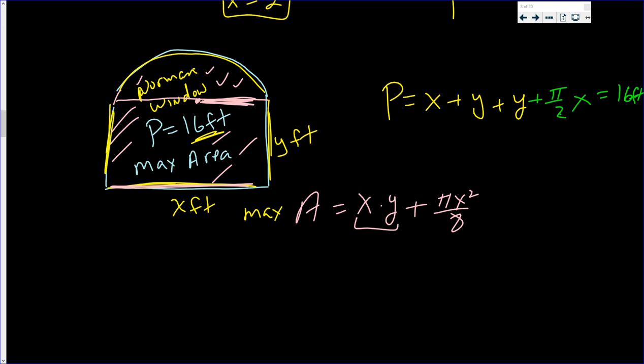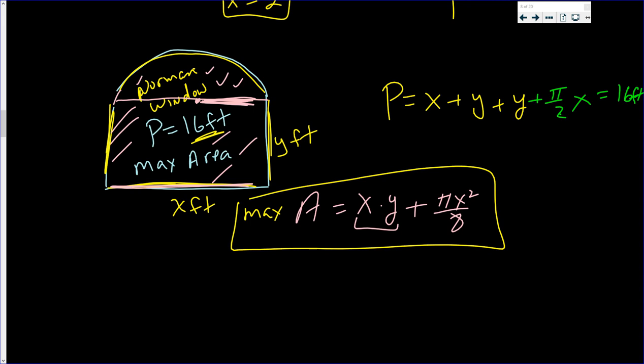Okay. Now, the problem here is, there we go again with this. We have two unknowns. Well, we have this perimeter equation. We have this equation right here. You have 2y plus, how many x's do we have?